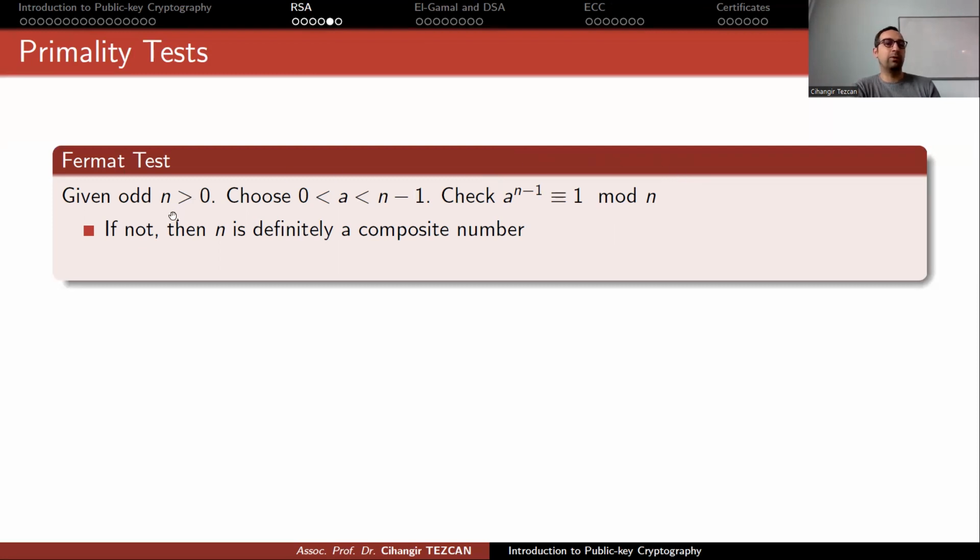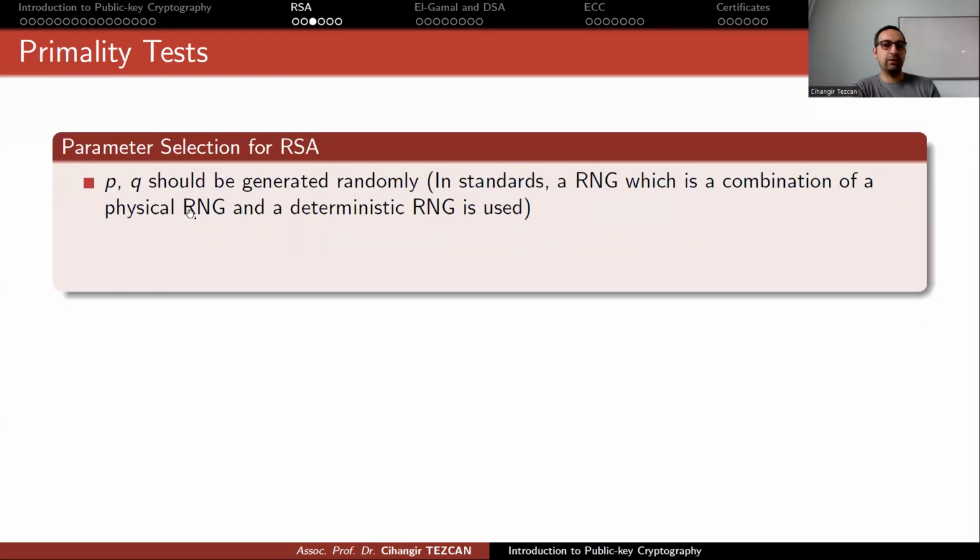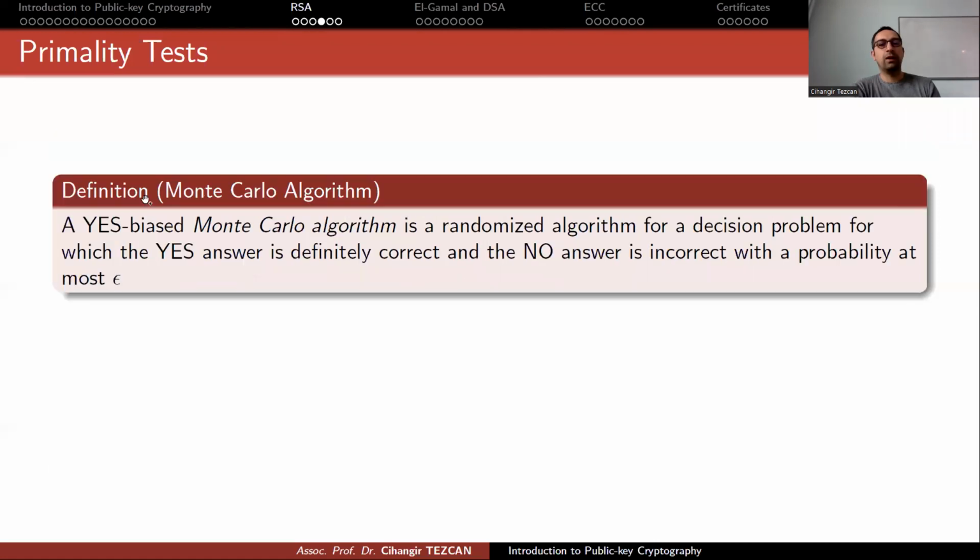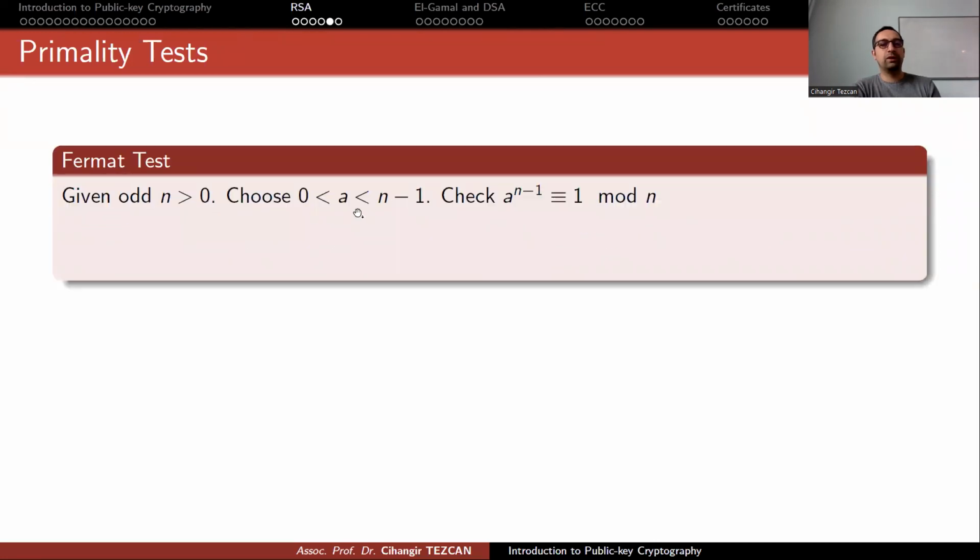Recall that we start by randomly choosing P and Qs, right? So you randomly generate one of these P and Qs, come here, choose a random number a, calculate a to the P minus 1 modulo P, and check if it equals 1. If it is not, then P is not a prime number.